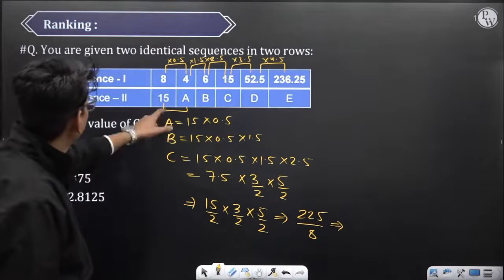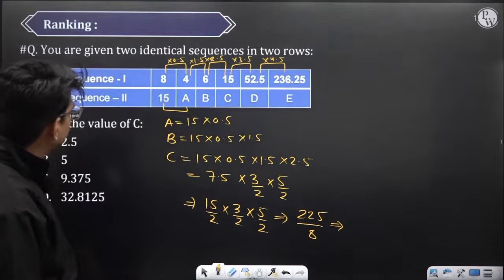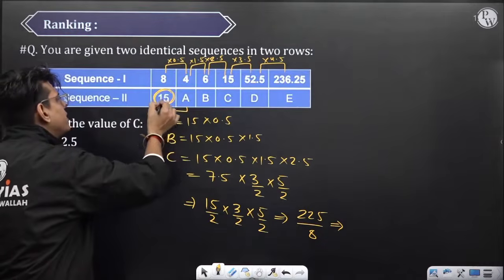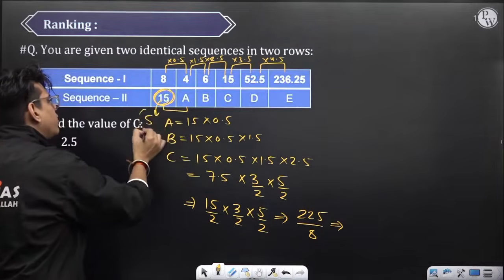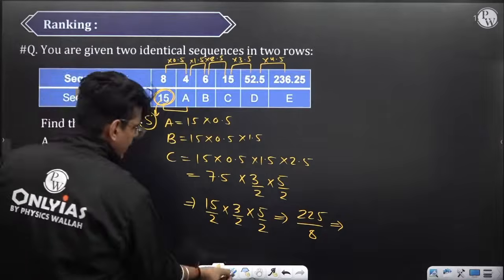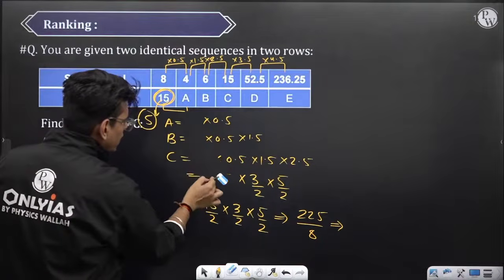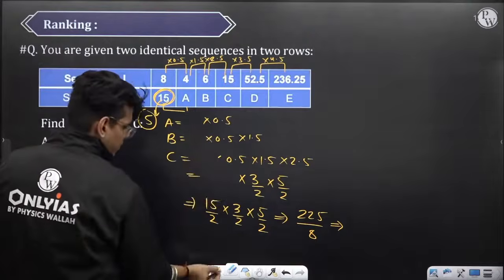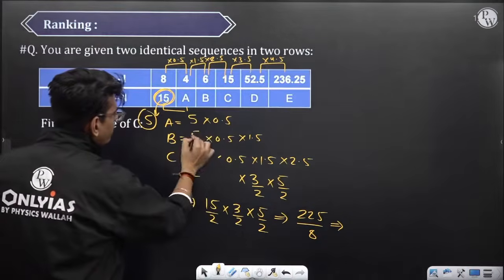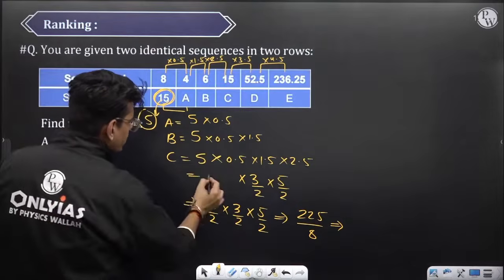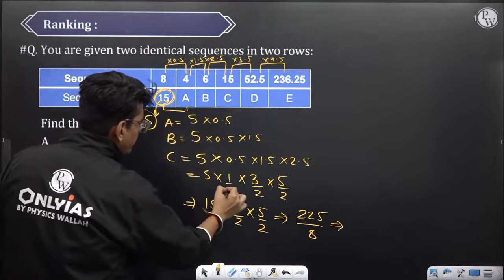Sorry, this is not 15, this is 5. That's why we are not getting to the answer. So we can replace 15 by 5 here. Sorry for the typo. So this is 5 into 0.5, 5 into 0.5 into 1.5, and 5 into 0.5 into 1.5 into 2.5.